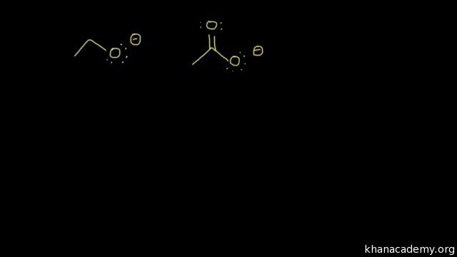So what could we do to show the movement of electrons from the bottom oxygen to the top oxygen? Well, I could say, oh, these two electrons in blue here, I could show those two electrons moving. So what if they moved in here to form another bond between my carbon and my oxygen atom? So let's draw what that would look like.